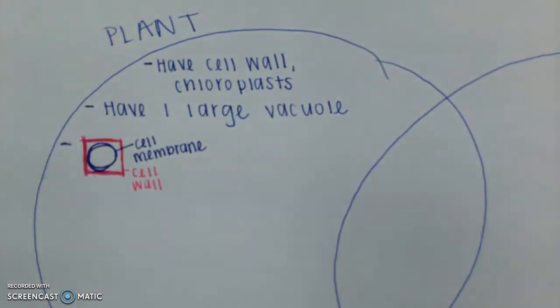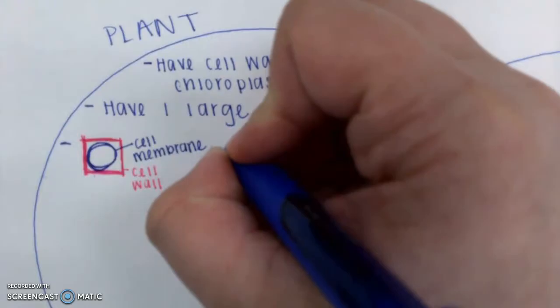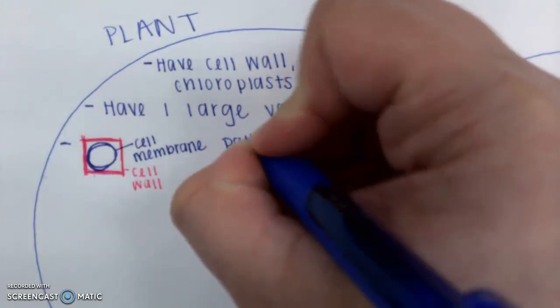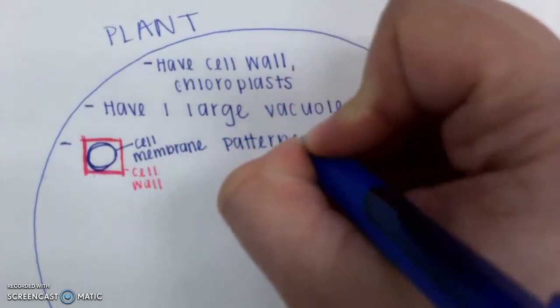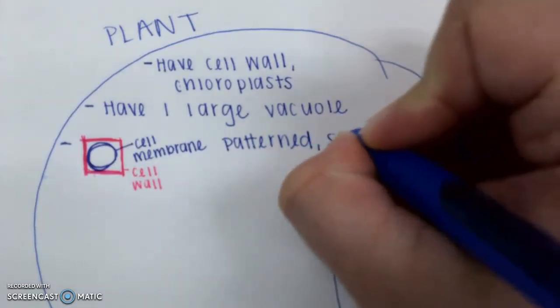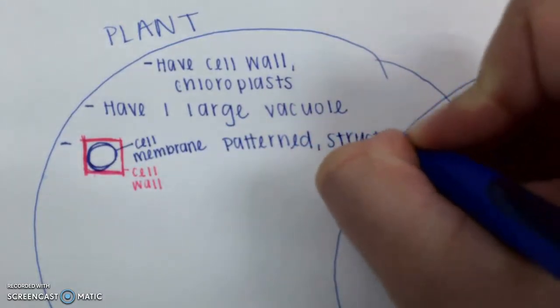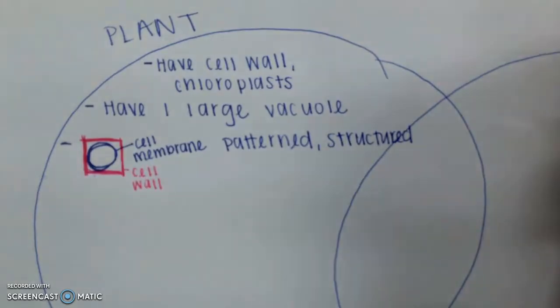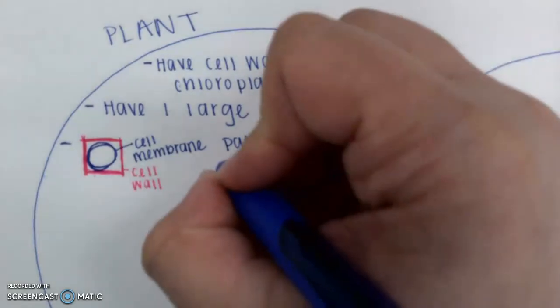That means that plant cells are patterned, structured. They have a regular shape.